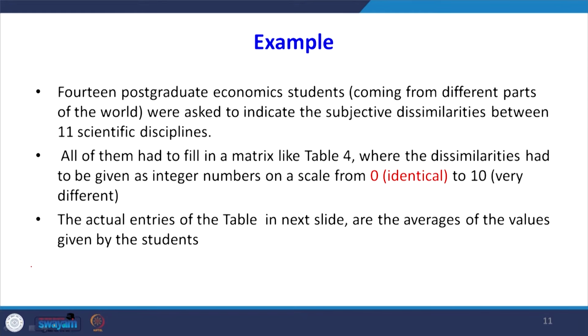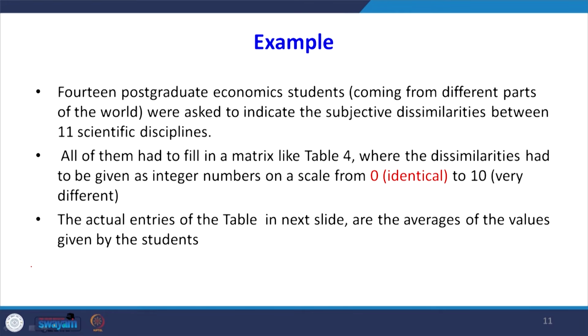Let us take one example, then I will explain the concept of dissimilarities. 14 postgraduate economics students coming from different parts of the world were asked to indicate the subjective dissimilarities between 11 scientific disciplines.